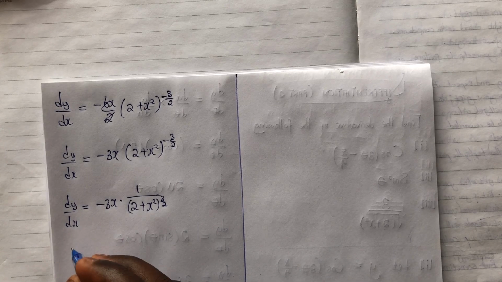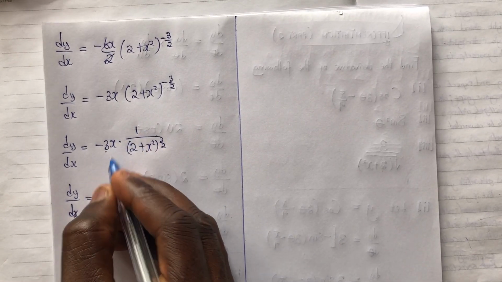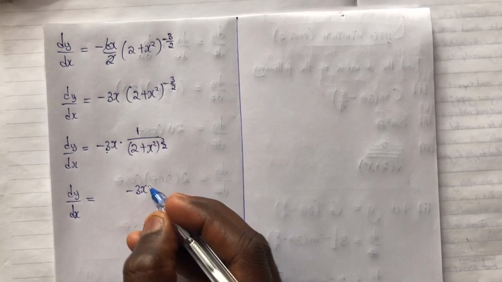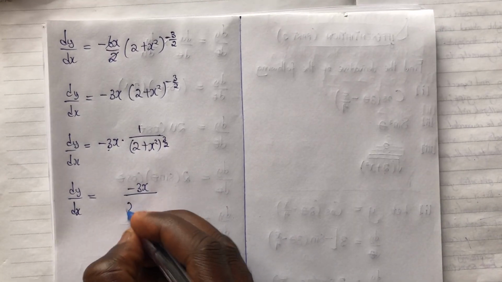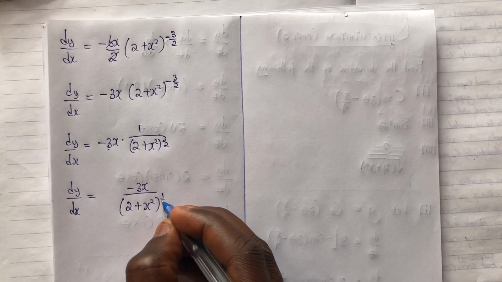So now you can also rewrite this term by changing it to the square root term. So I still can rewrite this as dy/dx will give me this times this over 1. So it is going to give me minus 3x over (2 plus x squared) to the power of 3 over 2.